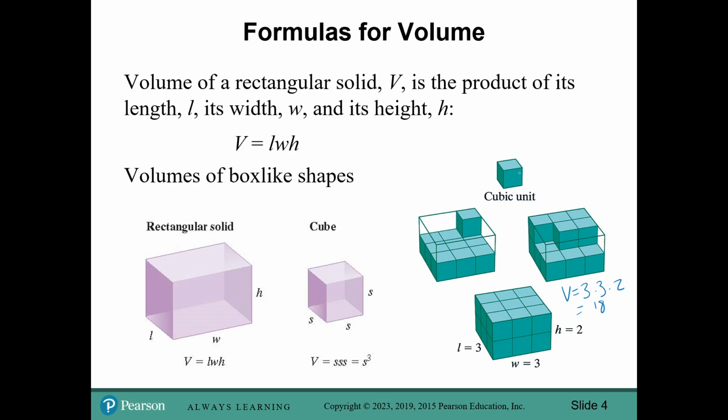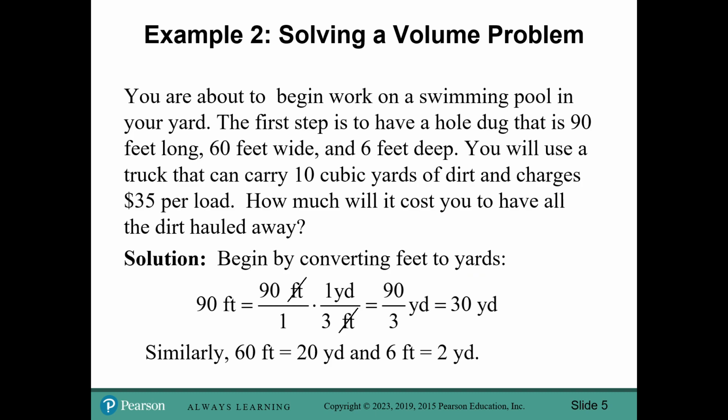And if you count the cubic units within this model, it adds up to 18. 1, 2, 3, 4, 5, 6, 7, 8, 9, 10, 11, 12, 13, 14, 15, 16, 17, 18. You'll see that there's 18. That's how we get the volume, just stacking those cubes essentially. But we'll find it with multiplication.